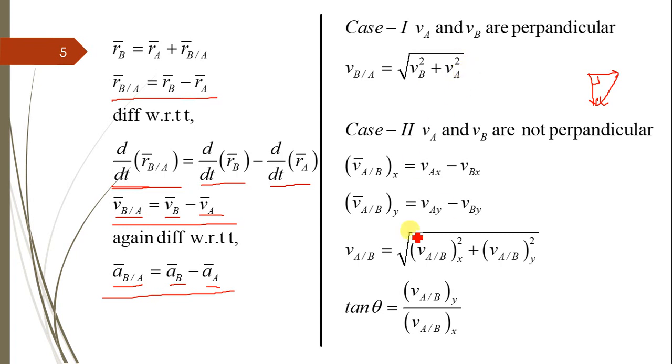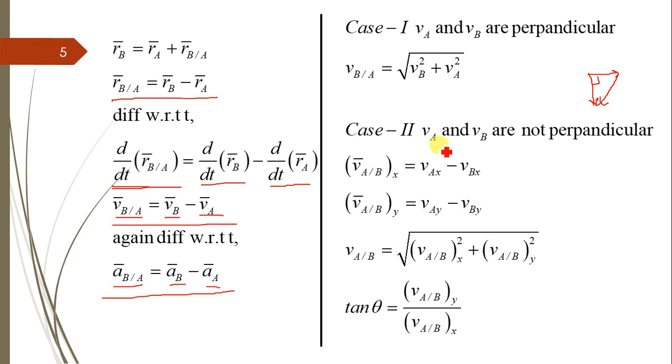So always remember that if both objects are moving perpendicular to each other, then the relative velocity is equal to the square root of the square of the first velocity plus the square of the second object's velocity.